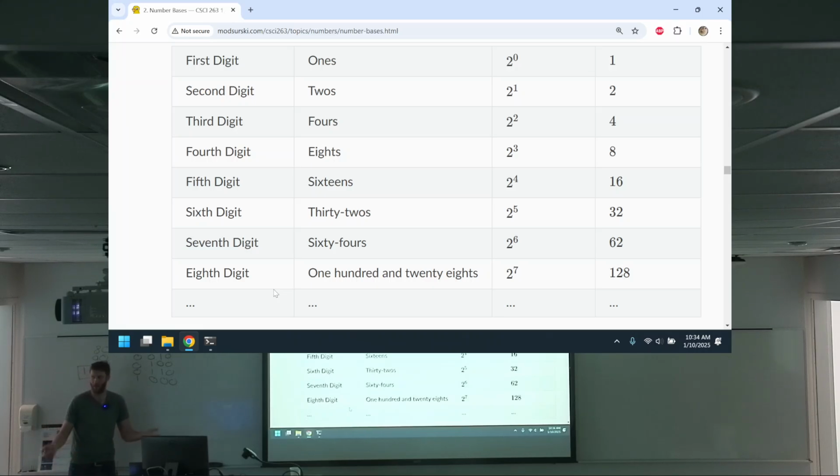If you want to know what the number is, say I've got 1, 0, 1, 0. Remember this is 1, 2, 4, 8. Can you see that over there? Good enough? Let's do this.